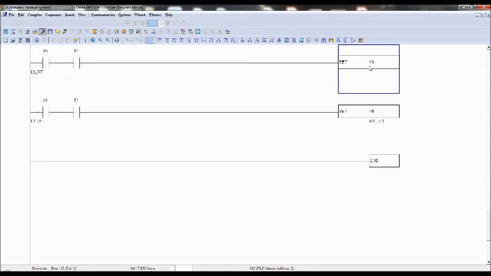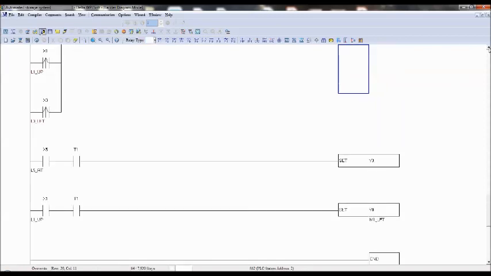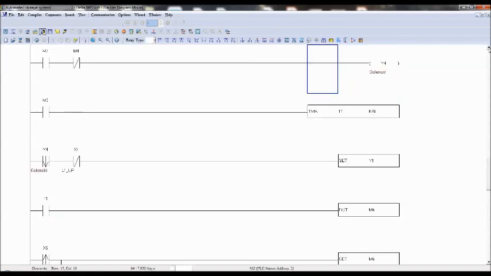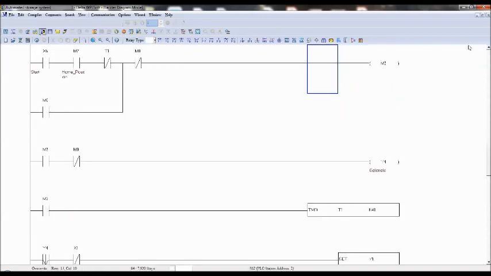So when it reaches the limit switch x1, that means L1, again the M3 will be on. So this cycle is repeated. M3 is on.